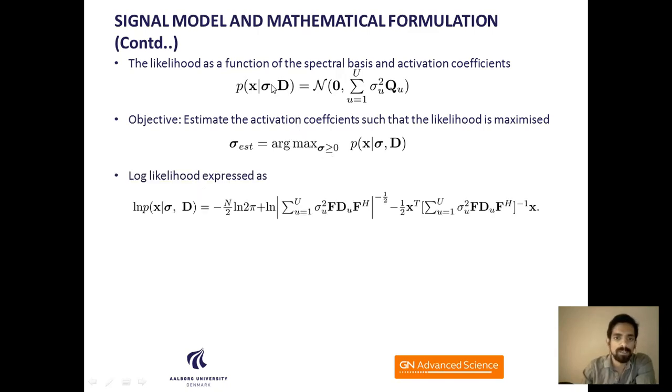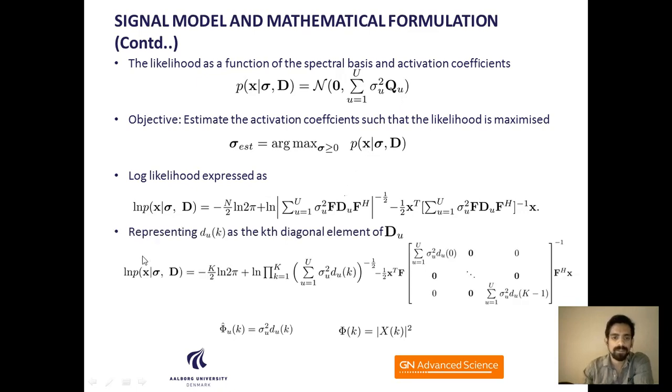So the log likelihood corresponding to this here can be expanded in this way, and here we have diagonalized the gain normalized covariance matrix as we have explained before. And if we then represent D_u of k as the kth diagonal element of D_u, this equation can be written as shown here.